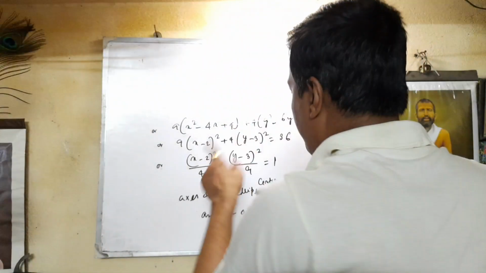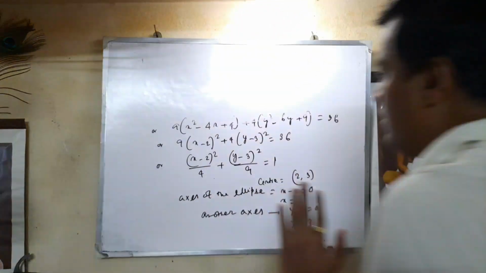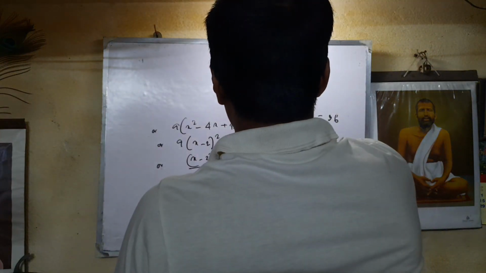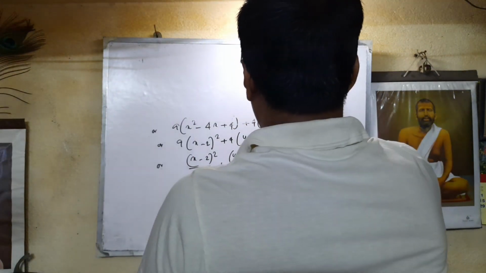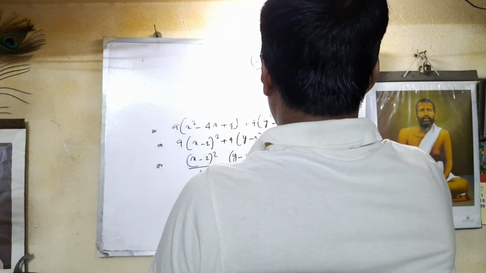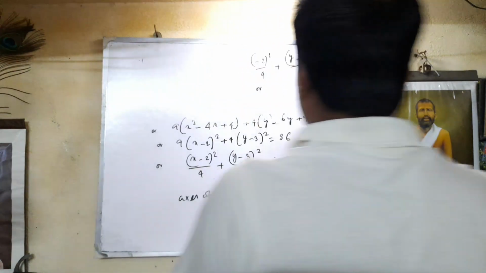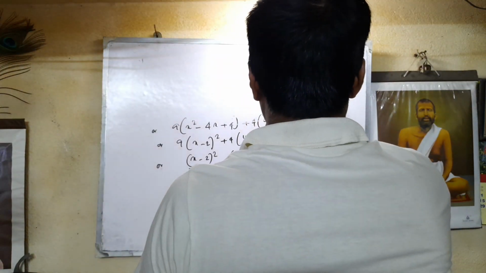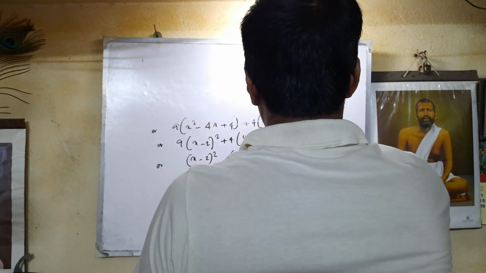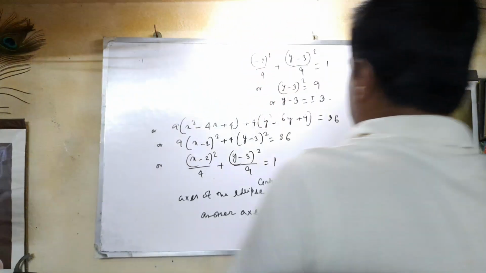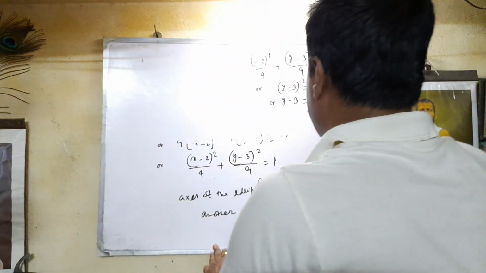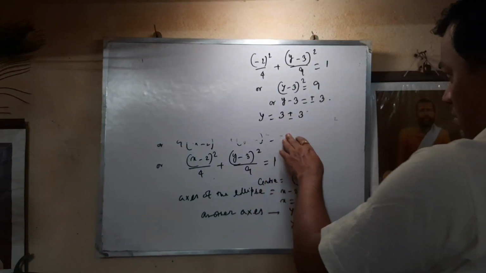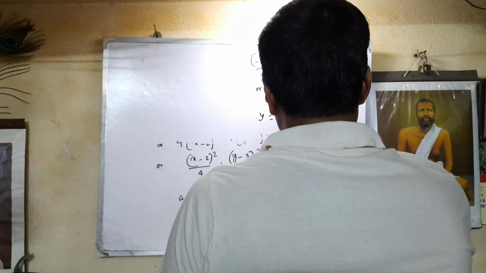Look, if you put x = 0 here, I get (−2)²/4 + (y − 3)²/9 = 1, that is 4 by 4 is 1, that means (y − 3)² = 9, or y − 3 = ±3, or y = 3 ± 3. So the value of y may be 0 and 6.